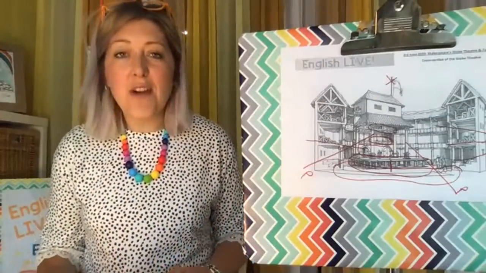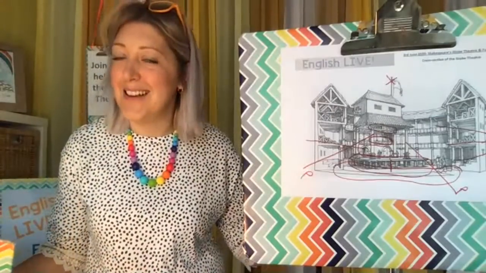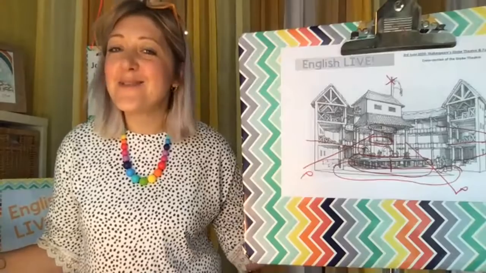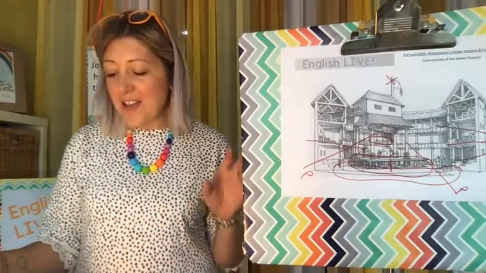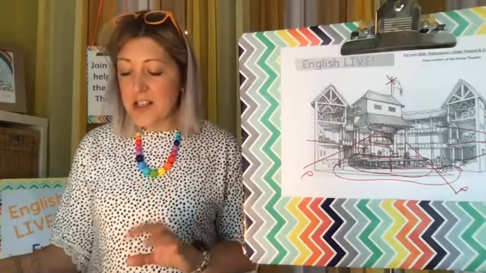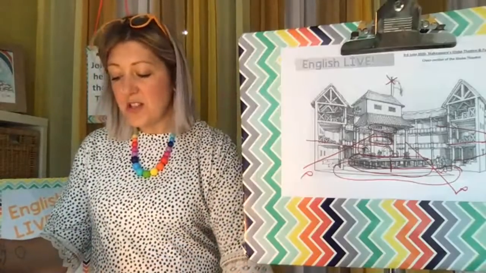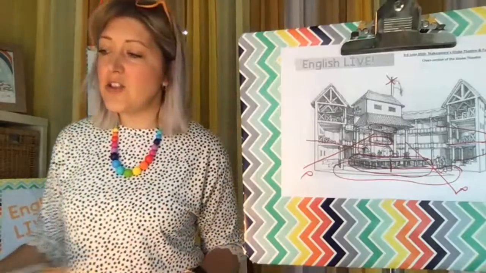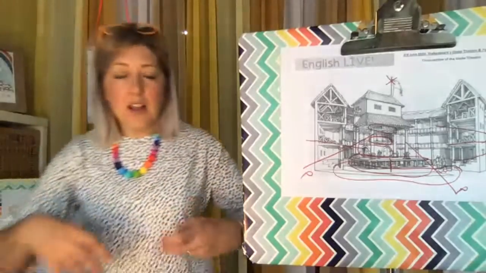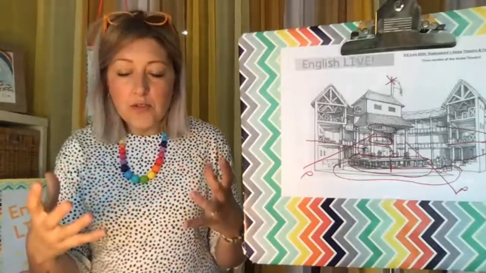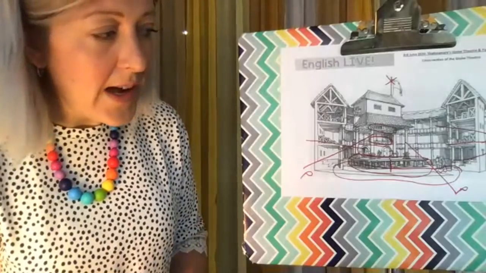So finally, the trap door. Well, we can all just guess where the trap door is. So the trap door was for actors who were playing ghosts or witches, and they could descend through this door, which was built into the main stage to make it look like they were appearing or disappearing out of nowhere.